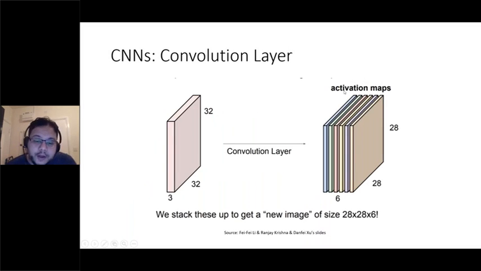At the end, we end up with something like this. Each activation map needs just one neuron. Here we have 6, only one neuron each, and each one is specialized, telling us where we have a particular shape in my image. So here we are looking at 6 different shapes.